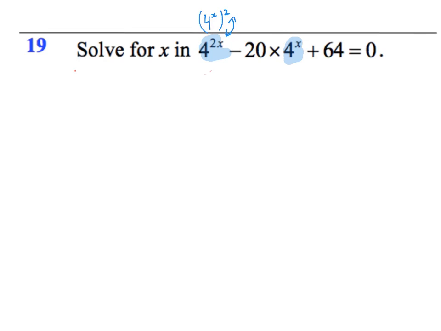Because if I let 4 to the power of x equal, I'm just going to let it equal any letter. So I might say h this time. Okay? So what I've actually got is h squared minus 20h plus 64 equals 0.